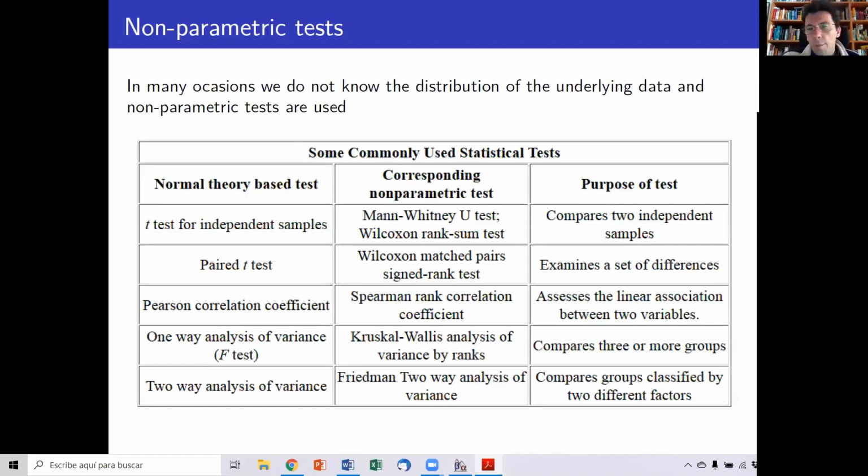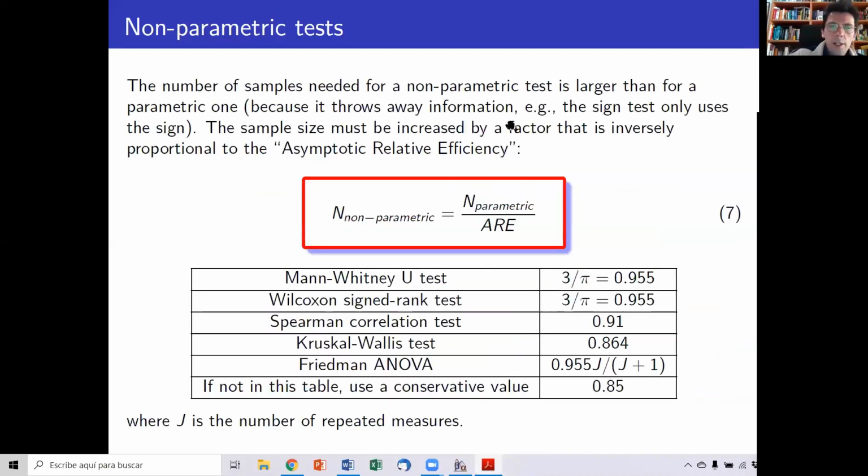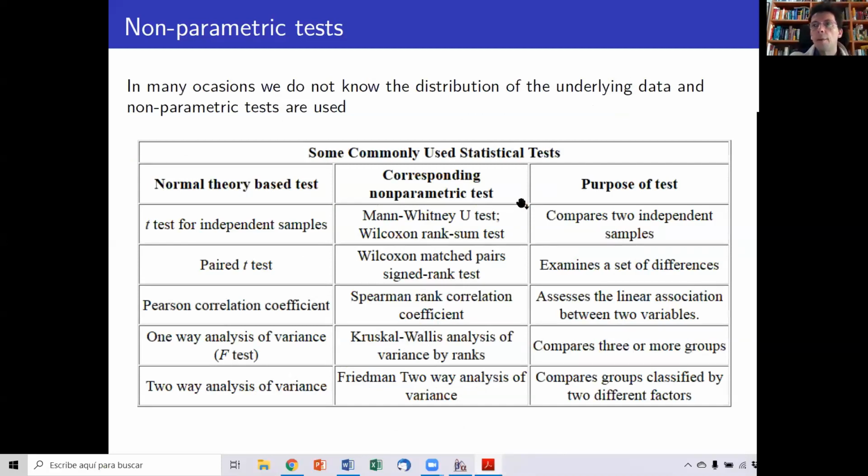There are no formulas for sample size calculations for non-parametric tests. And there is a substitute: you do the sample size calculation for the corresponding parametric test. For instance, let's say that you're comparing the mean between two groups. So the t-test would be the normal test for Gaussian data, but for non-Gaussian data, you would do one of the Mann-Whitney U-test or Wilcoxon rank sum test.